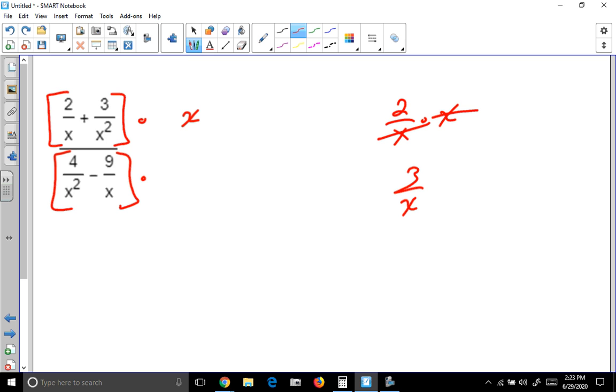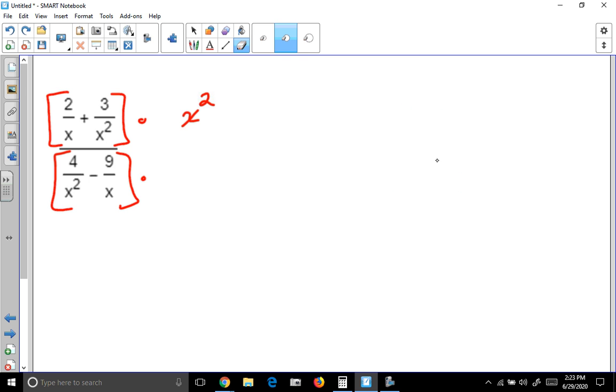But an x to the first wouldn't clear out all of those x's. It would cancel one of those, but we would still have an x on bottom. So the most x's that any denominator has is 2x squared. So we want to multiply by x squared so that each denominator will go away.